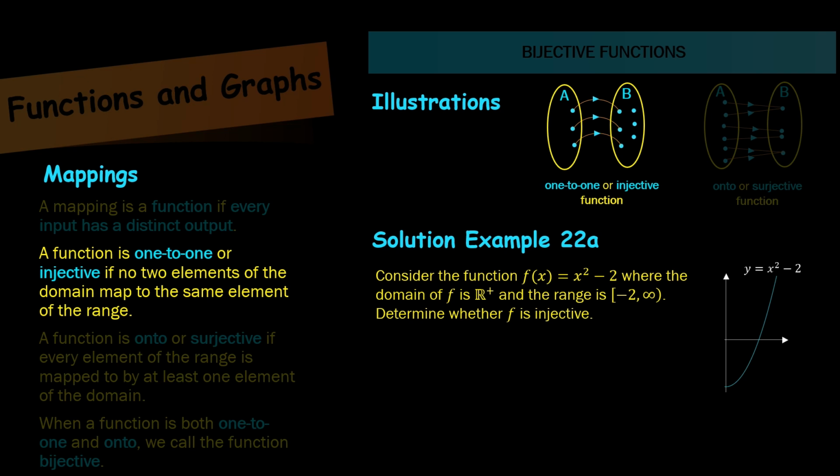We're trying to determine whether the function is injective. So if 2 points do map to the same element, i.e. suppose f of x equals f of y, then we have that x squared minus 2 equals y squared minus 2.